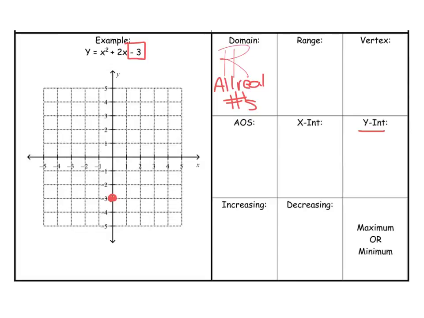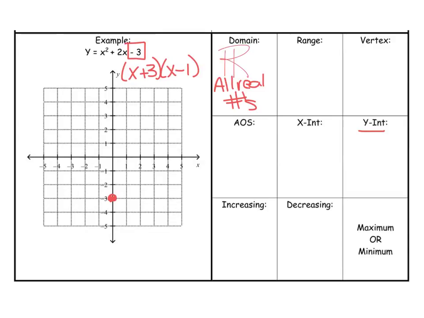We need to factor this to find the x-intercepts. So if we do that, the factor pairs of -3 that add up to 2 are x plus 3 and x minus 1. So this means that our x-intercepts, there's going to be 2 of them.